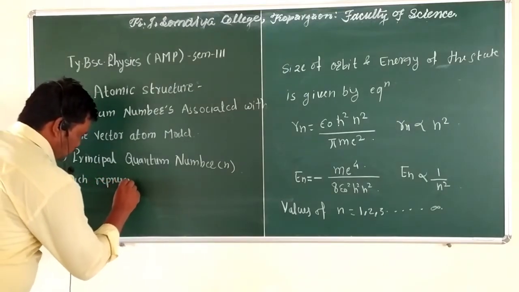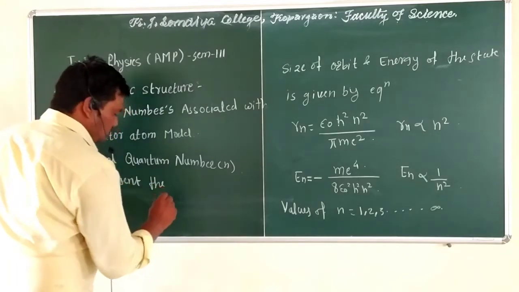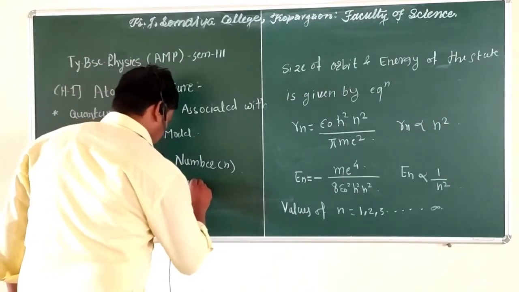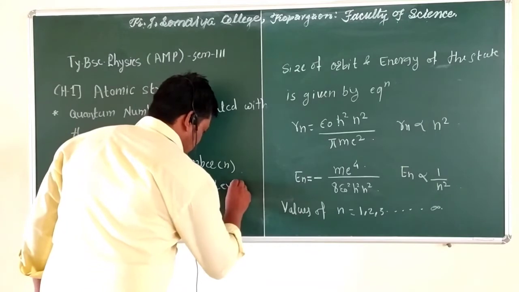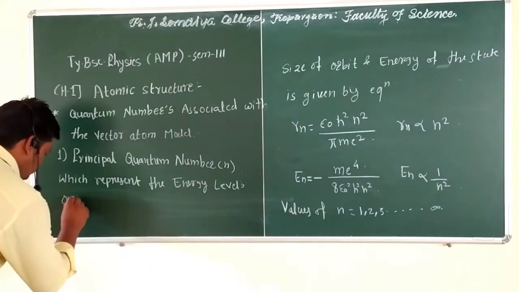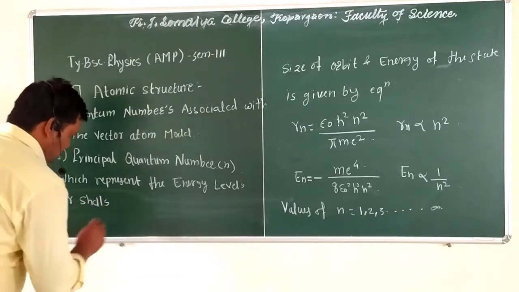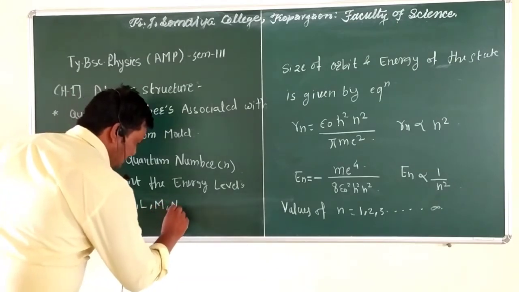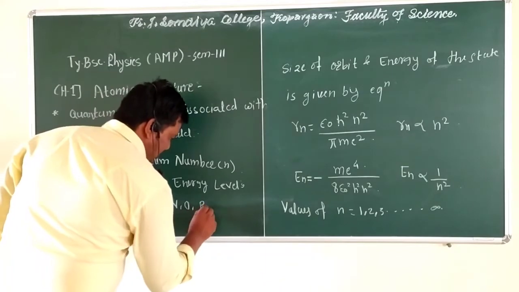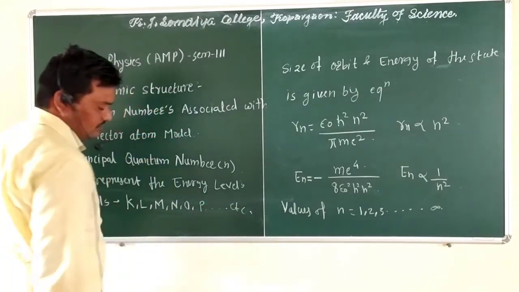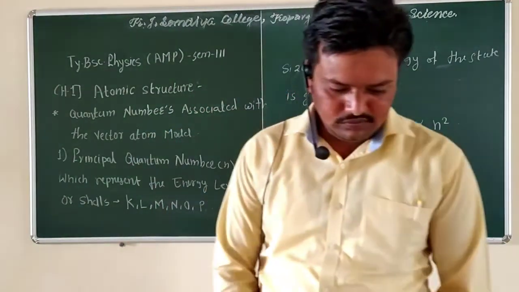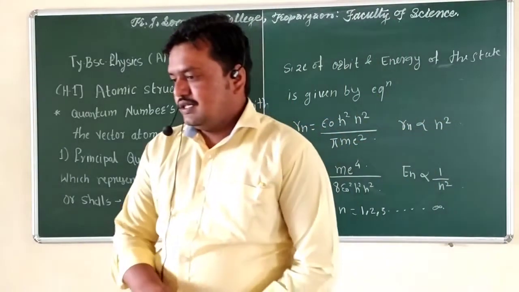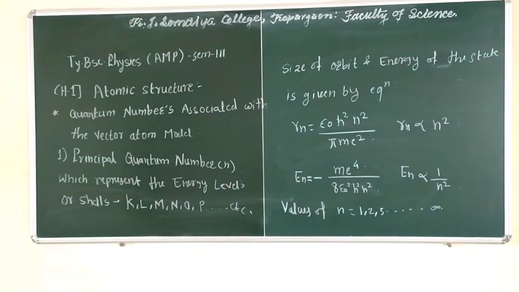they represent the energy levels or shells, which are given by K shell, L shell, M shell, N shell, O shell, P shell, etc. So this depends on the principal quantum number, which is considered to show the orbit number.